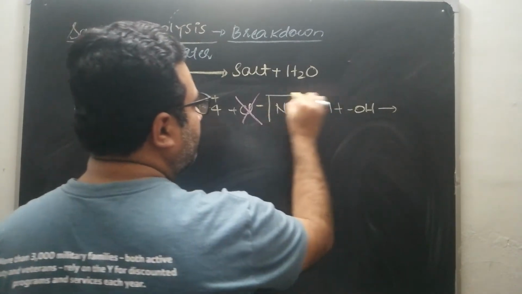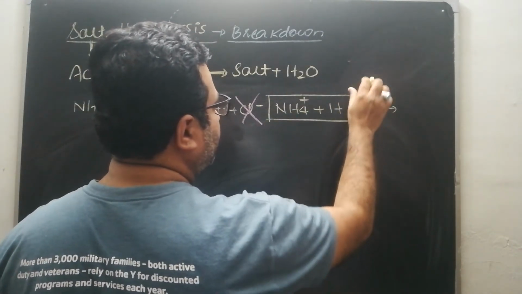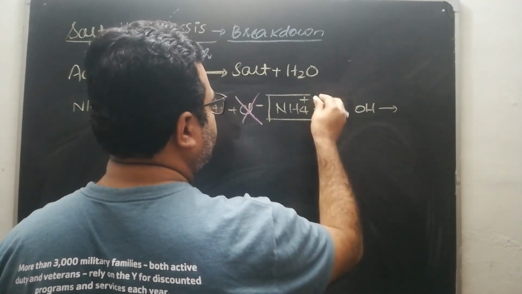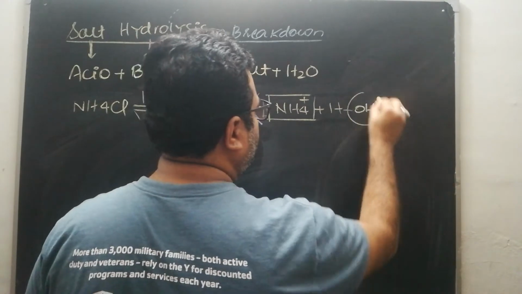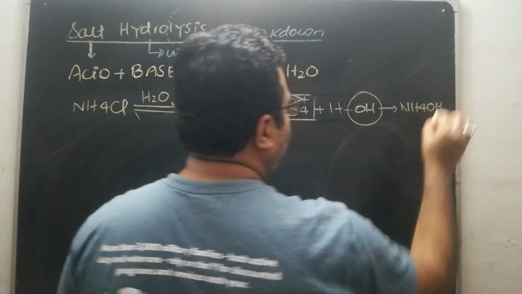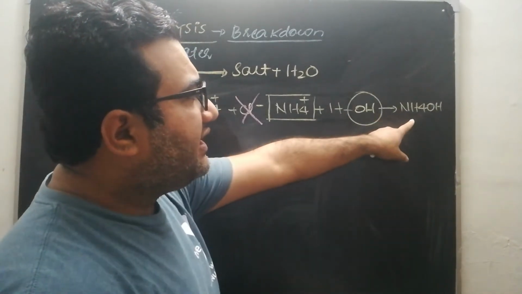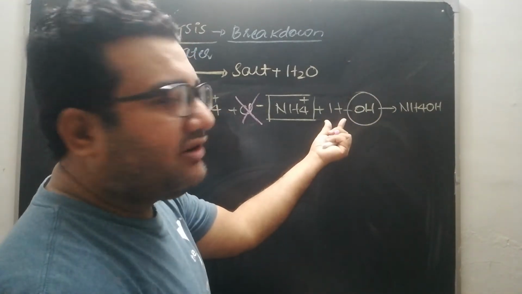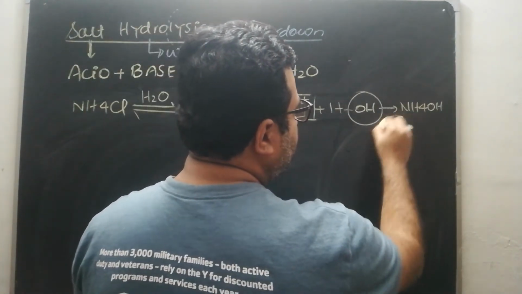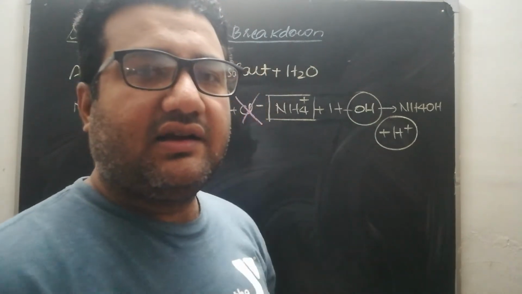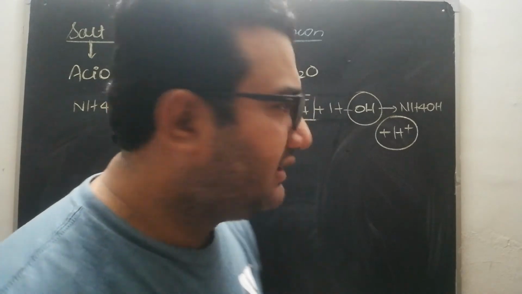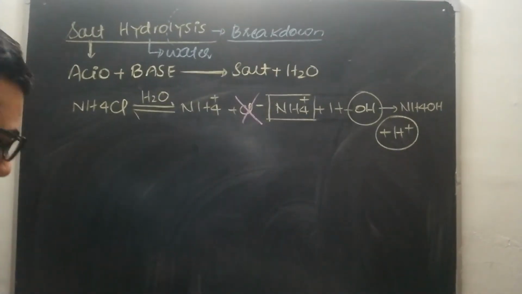It will take OH negative from water and form ammonium hydroxide. When ammonium hydroxide, a weak base, is formed, what then remains in the solution from water? That will be the H positive ion. So this solution will be rich in H positive ion, and a solution which is rich in H positive ion will be an acidic solution, and this salt will be the acidic salt.